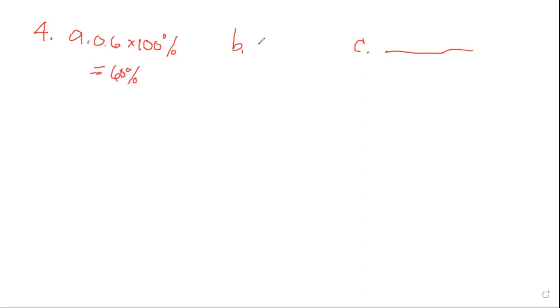Letter B, 0.033. Times 100%. So that is 3.3%.